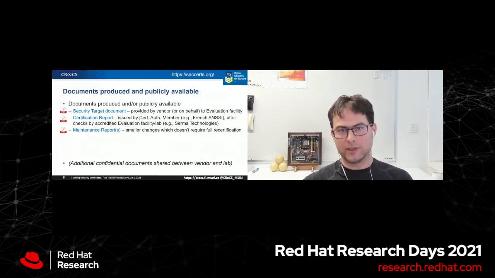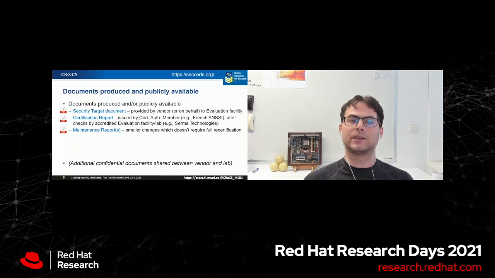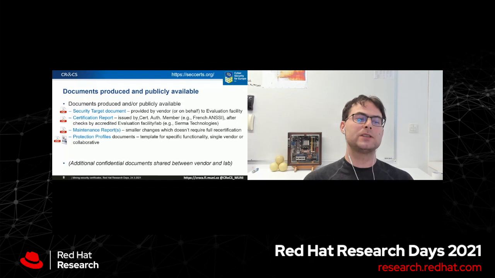There are additional documents exchanged between the vendor and the laboratory, the evaluation facility, which is checking the claims. But these are usually confidential, and these are not public, so we can't mine them. Then we have these protection profiles, these templates of standard functionality.